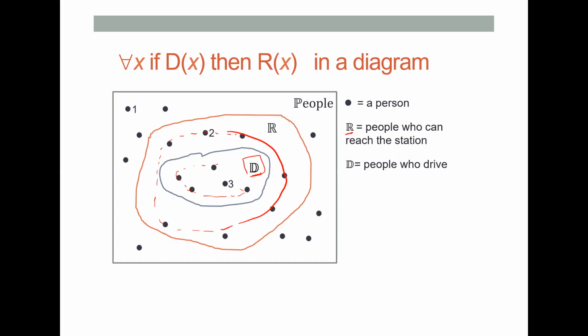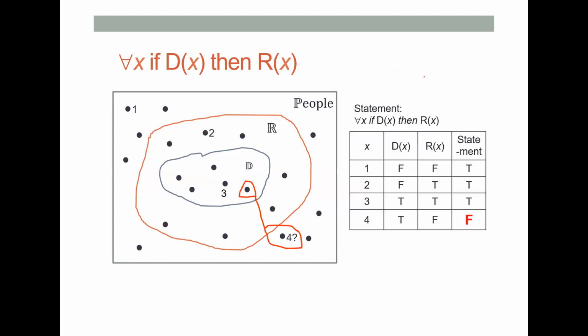So R is the set of people who can reach the station. D is the set of people who drive. And now the implication: if x is not driving and cannot reach the station, like this one here, x cannot drive and also cannot reach the station, it is correct.